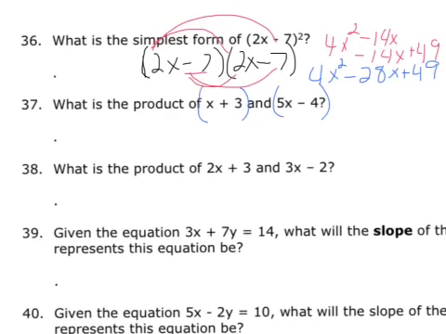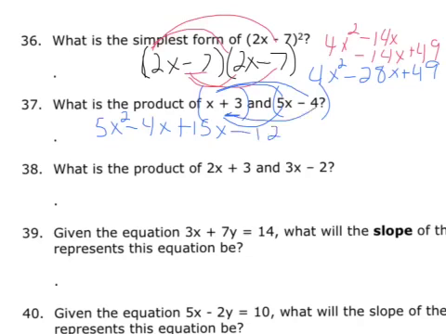So x times 5x, so 1 times 5 is 5, and then x times x is x squared, and then x times negative 4 is negative 4x, and the positive 3 times each piece, so plus 15x, and 3 times negative 4 is negative 12. I'm then going to combine the negative 4x and the 15x, and I end up with 5x squared plus 11x minus 12.